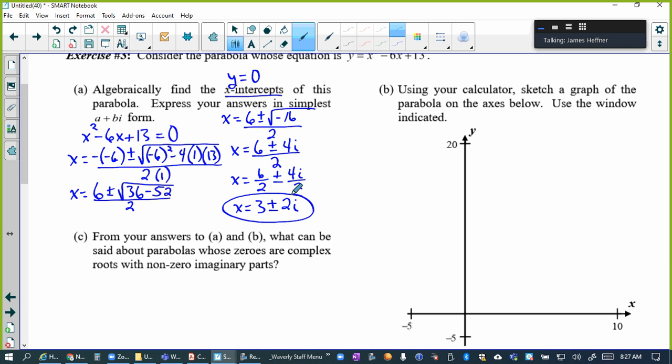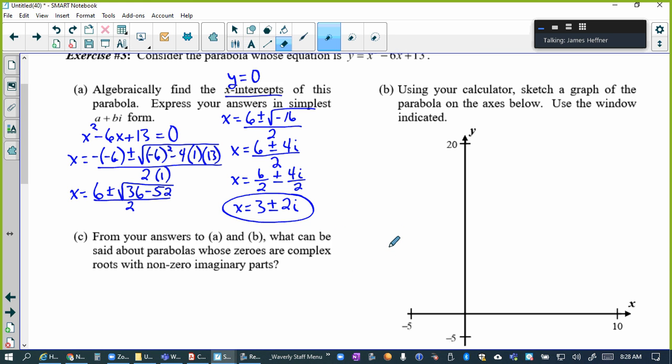All right, over to part B, using your calculator. We have our calculator to sketch a graph of this. We don't need to get nuts. A table of values might be handy here, and you don't have to write this down, but a parabola has some center value and it's all symmetric, so we could find some middle value and get those points on either side of it to graph it correctly.